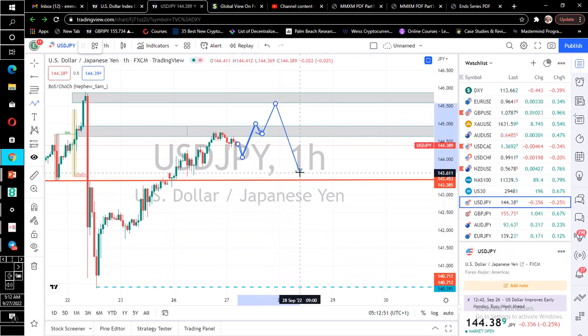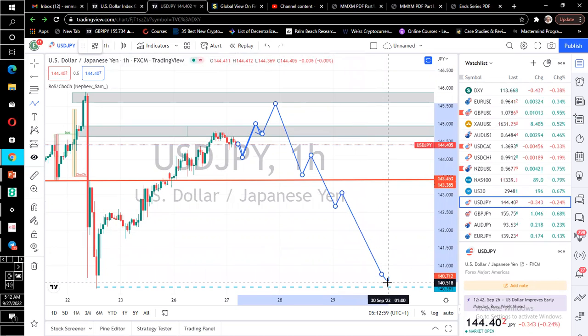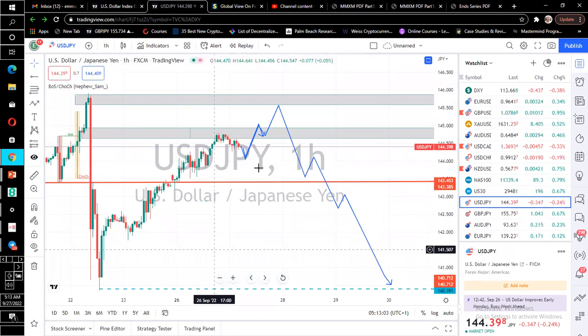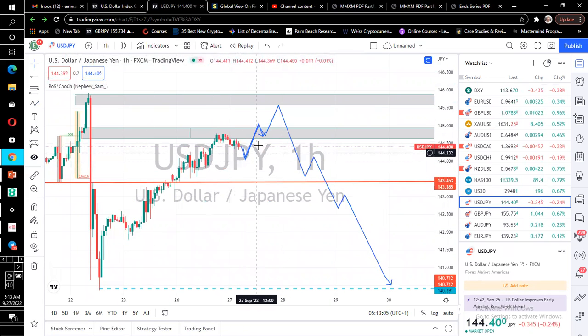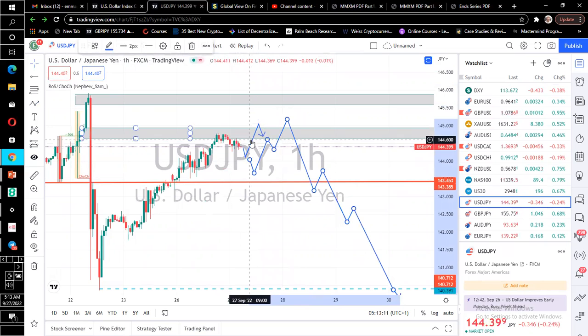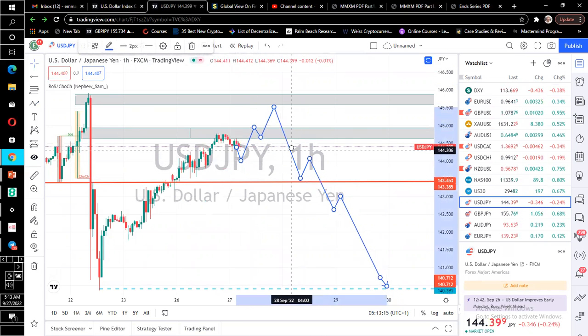Then I will start looking for the push to the downside. That is what I'm expecting from this pair, seriously. All right, so once I get this, I will gladly take the trade. So I'm waiting for the market to tell me what to do.